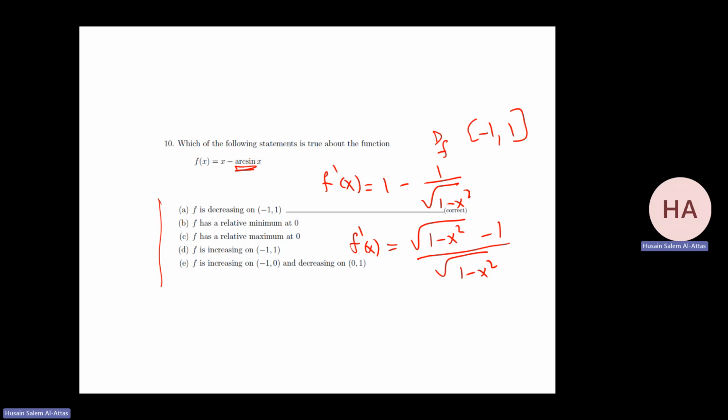Now, if I make this equal to 0, I have square root of 1 minus x squared minus 1 equals 0. So square root of 1 minus x squared is equal to 1. So 1 minus x squared is equal to 1, so x is equal to 0.